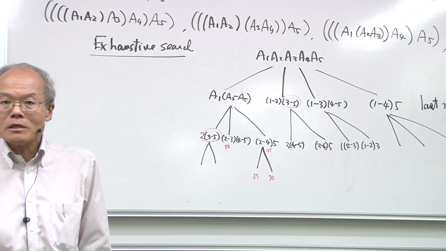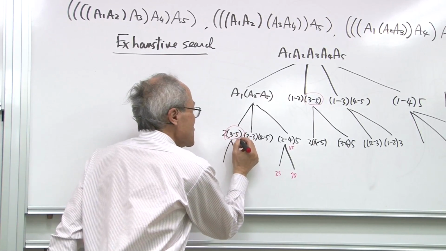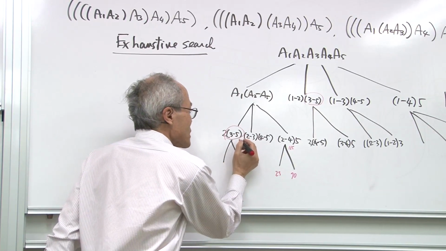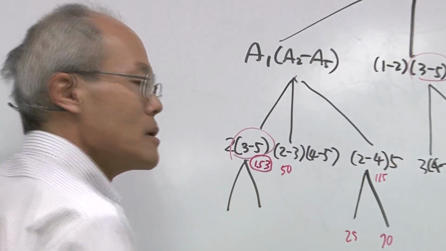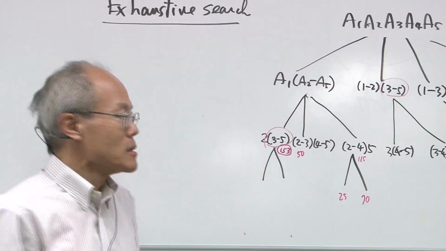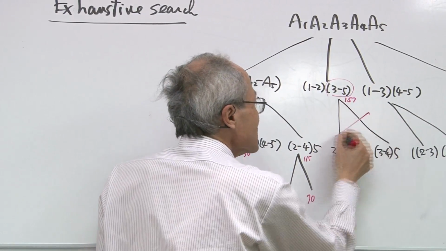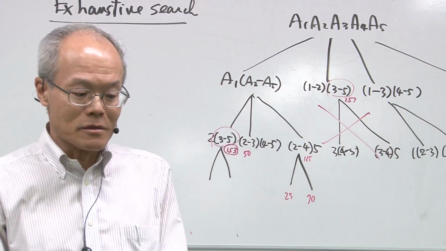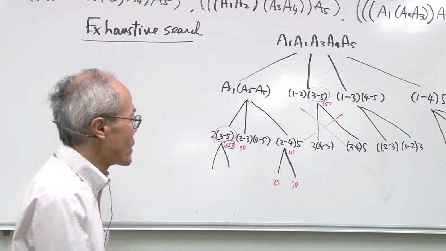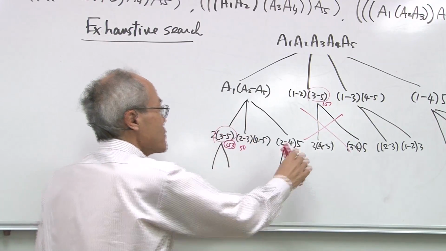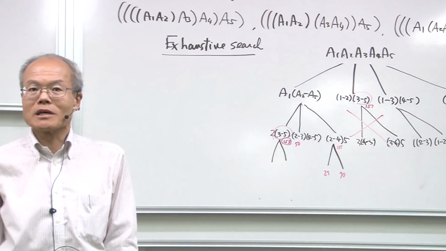So once you know that the best way of multiplying 3 to 5 is, I don't know, this one, and this is maybe 153 operations, then of course this is 153. You don't have to calculate the same thing twice. If you once get the best order here, then of course you don't have to do the same thing again. Okay? So that is the idea of DP.